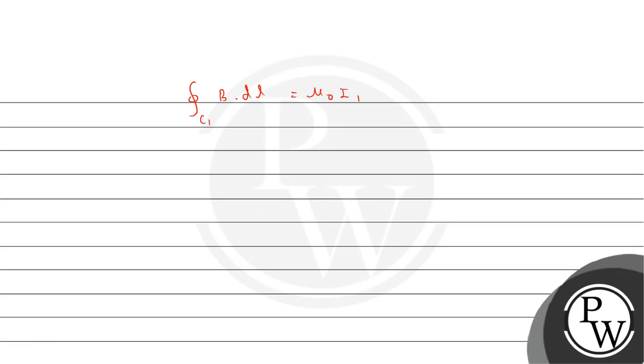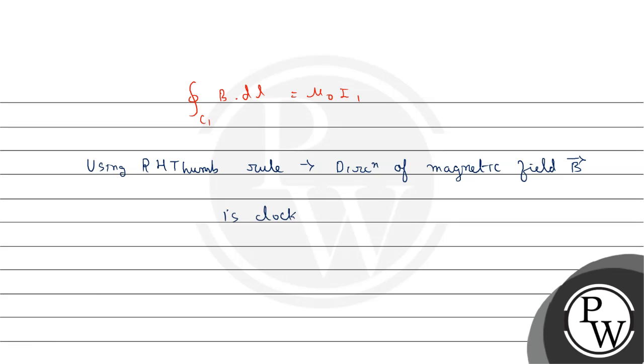So the angle between dl and the B vector is 0. Since using the right hand thumb rule we can say that the direction of magnetic field B is clockwise and it is acting tangentially, we can further say that the angle between dl and magnetic field B is 0.